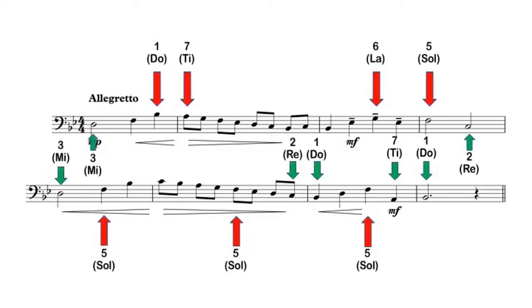So in this case, I see 2 possible ways of interpreting the bones of this melody. I see a scale that begins with the last pitch of measure 1, do, goes to the first pitch of measure 2, ti, goes to the third pitch of measure 3, la, and goes to the downbeat of measure 4, sol.